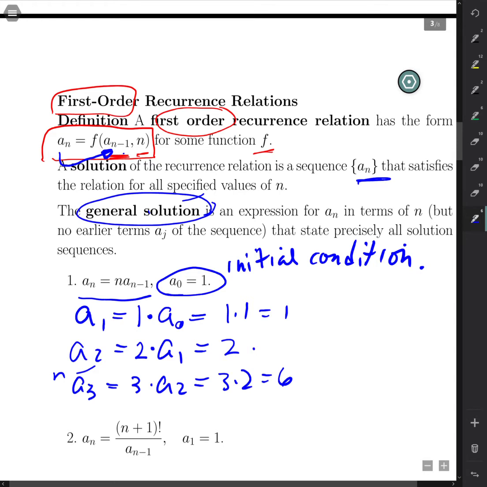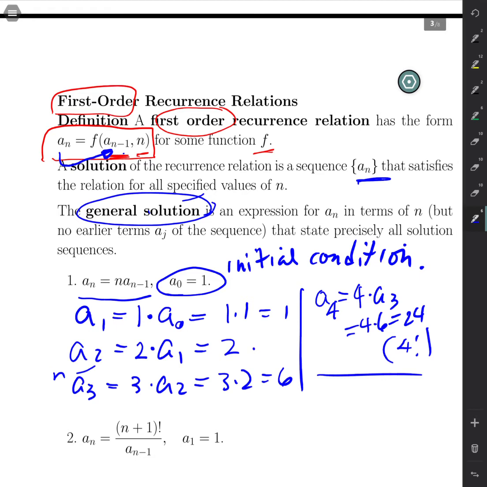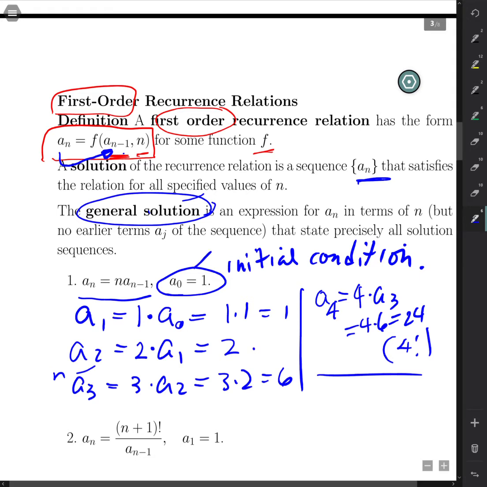And maybe you see what's going on here. This is very much like what we did to get the recursive definition for what? N factorial. a4 is equal to 4 times a3. So that's 4 times 6, that's 24, and that is 4 factorial. I won't prove it here, but it's pretty clear. I think you're probably convinced that in fact the solution with that initial condition is n factorial.